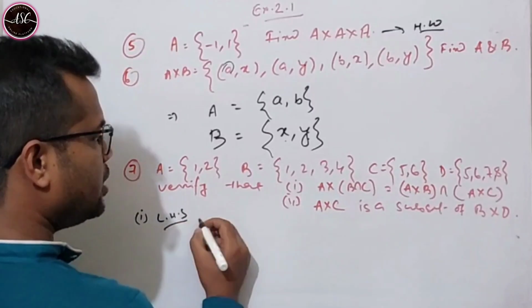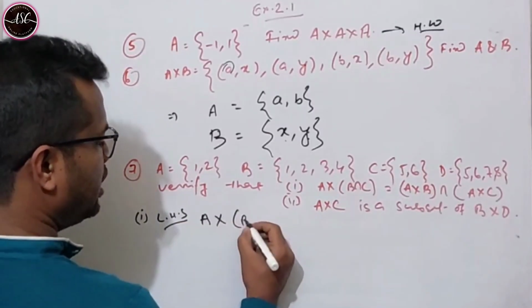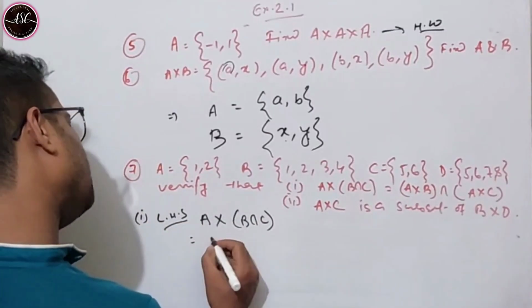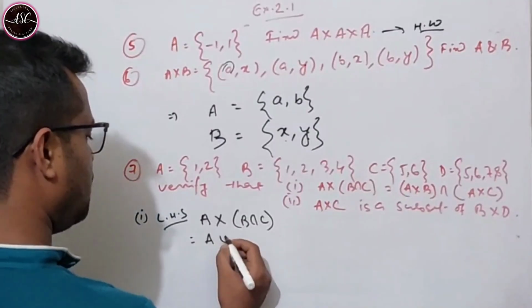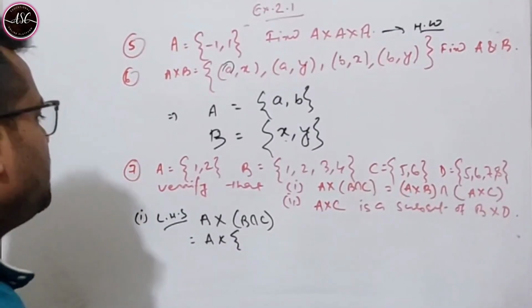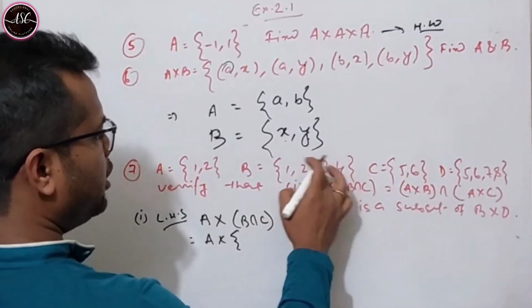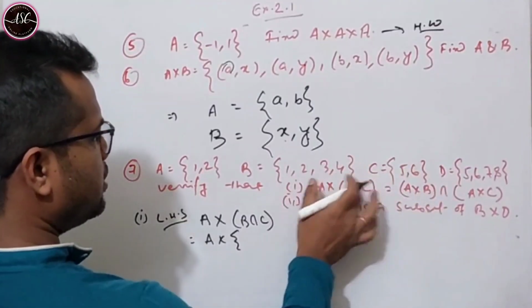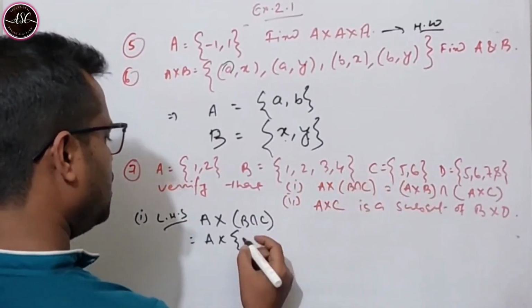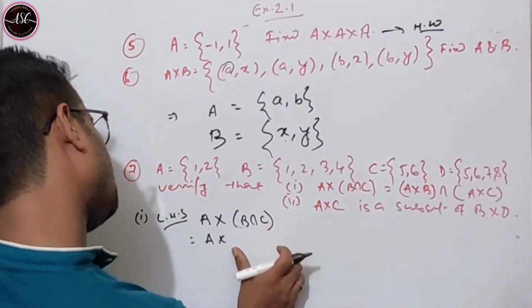What is LHS? A cross (B intersection C). So first we have to find B intersection C. B intersection C means the common elements of B and C. So there is no common element, so this is phi. Okay.